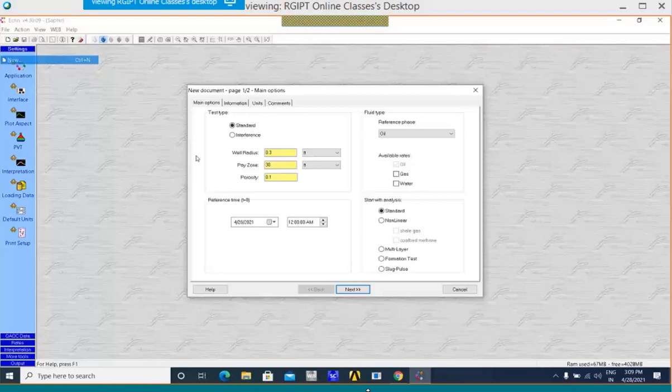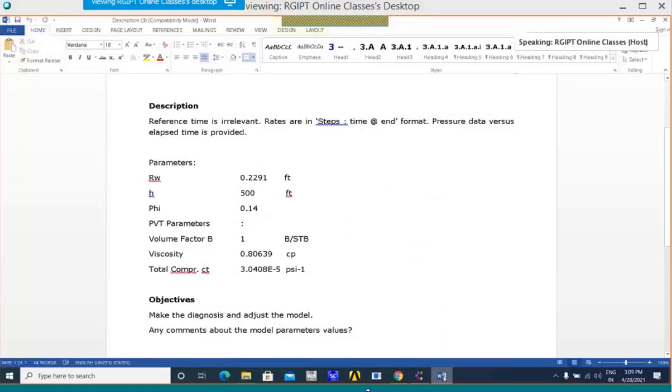Now porosity is 0.14, so we'll take 0.14. Okay, now this time about the reference time, nothing has been mentioned, so we will take the default values here.